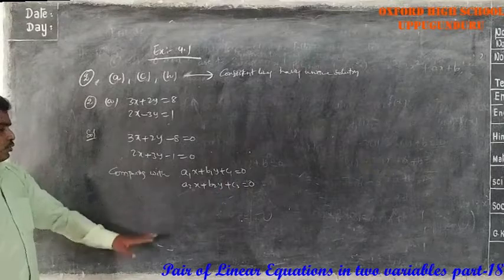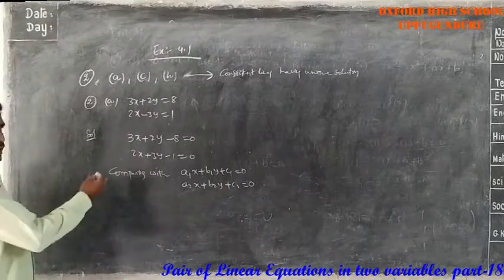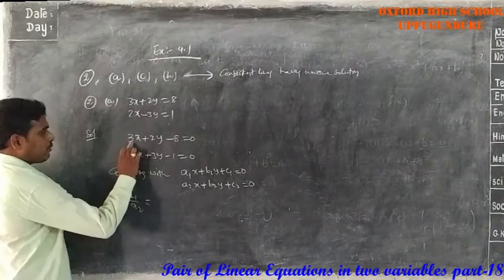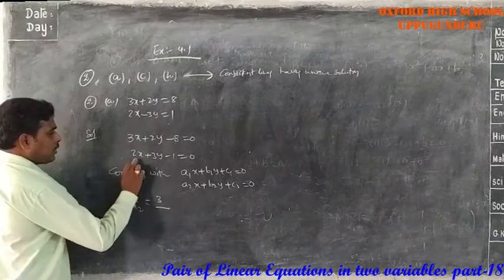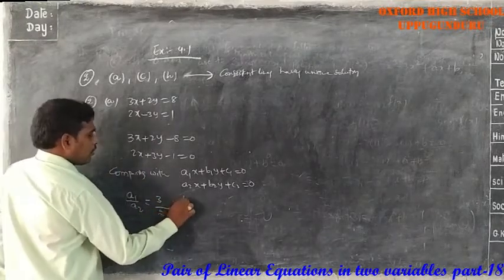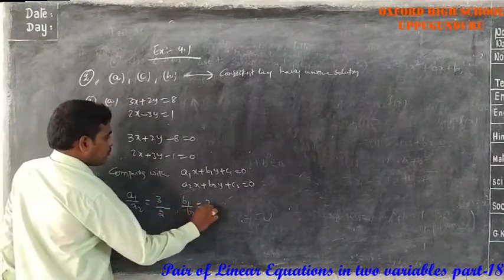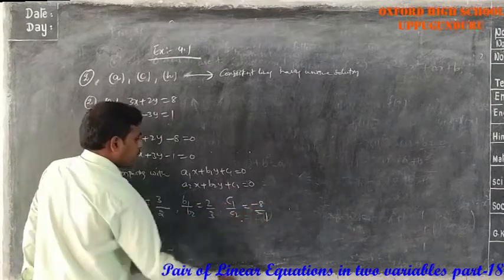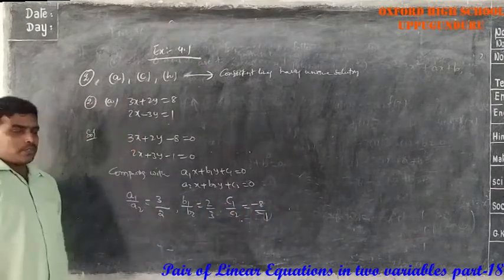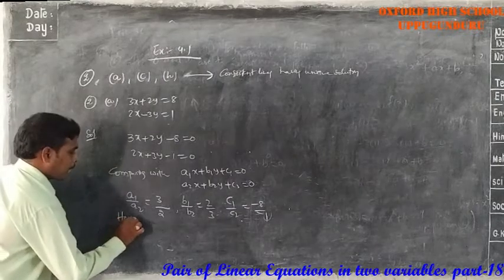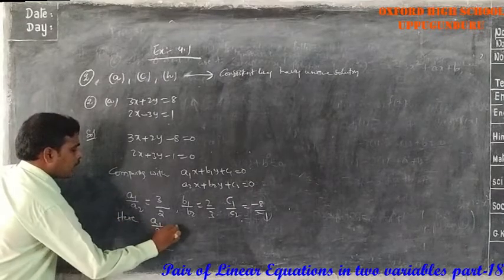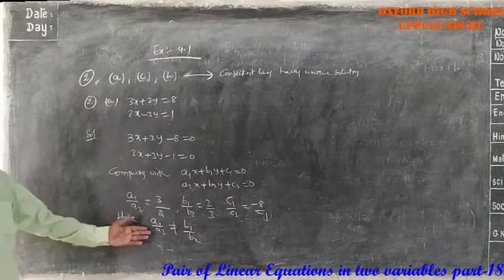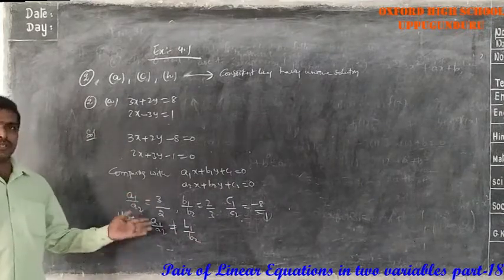When you compare these two, by checking the ratios, a1 by a2, what is a1 here? 3 by 2. b1 by b2 equal to 2 by minus 3. c1 by c2 equal to minus 8 by minus 1. When you observe these ratios, a1 by a2 not equal to b1 by b2. Already you know these conditions and you have done problems based on them.